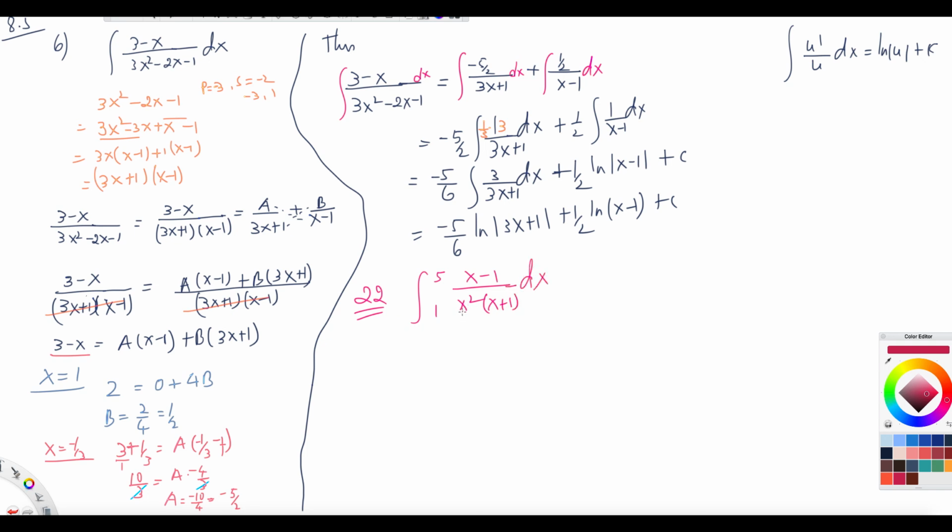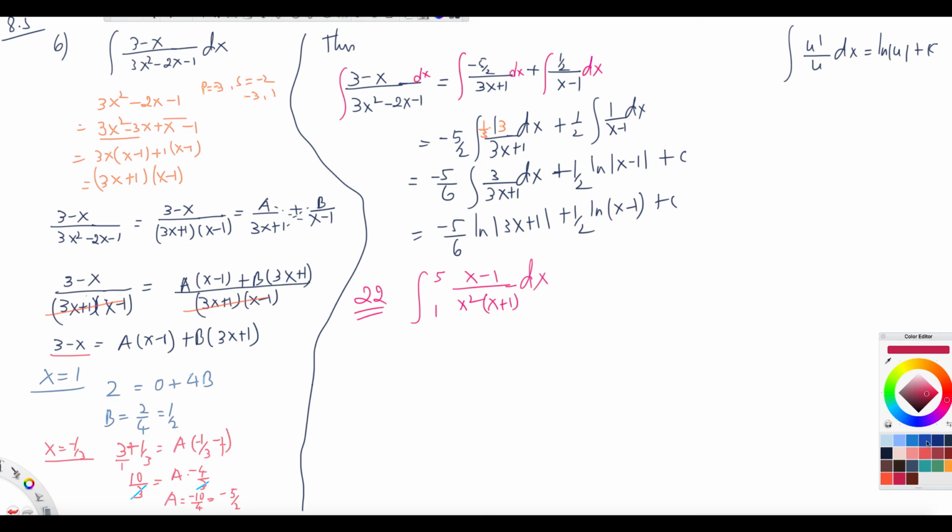So what you can do is ax plus b, or you can do a over x, b over x squared, and then c over x plus 1. You can do either way, but I'm going to show you how to use the quadratic way.